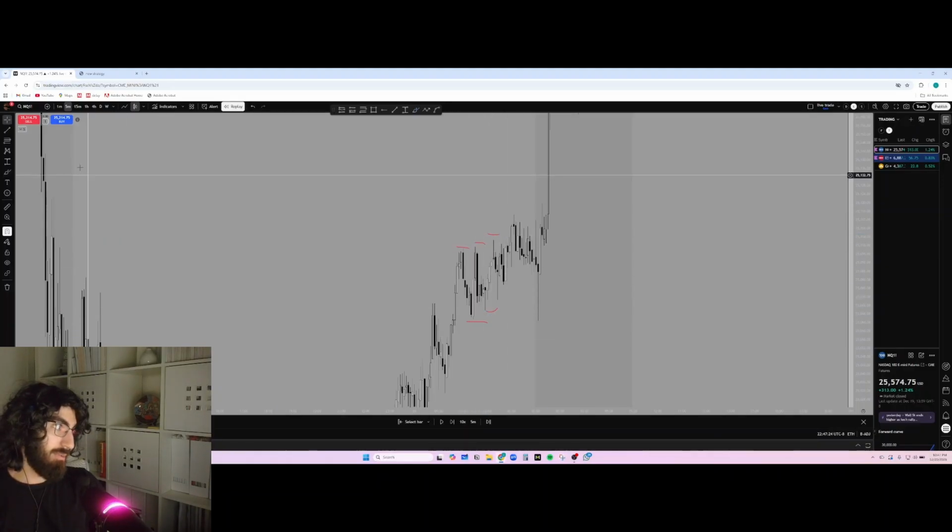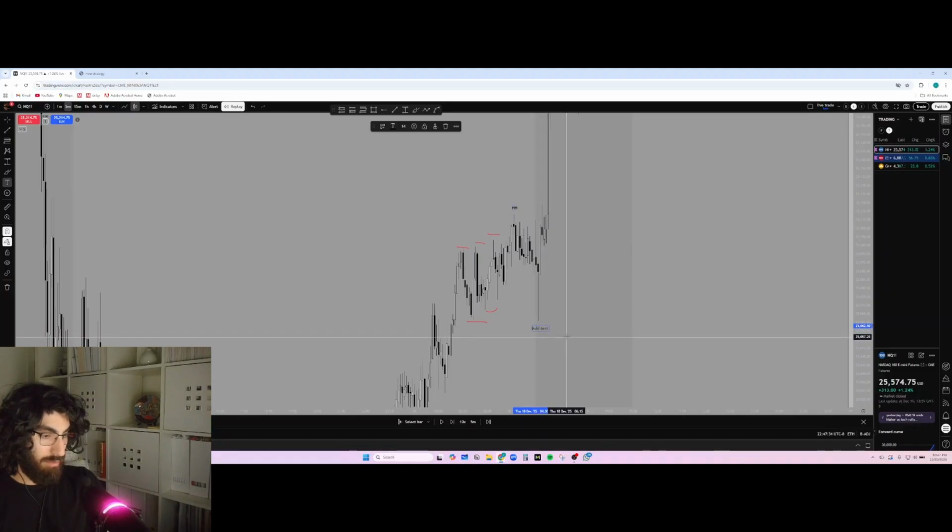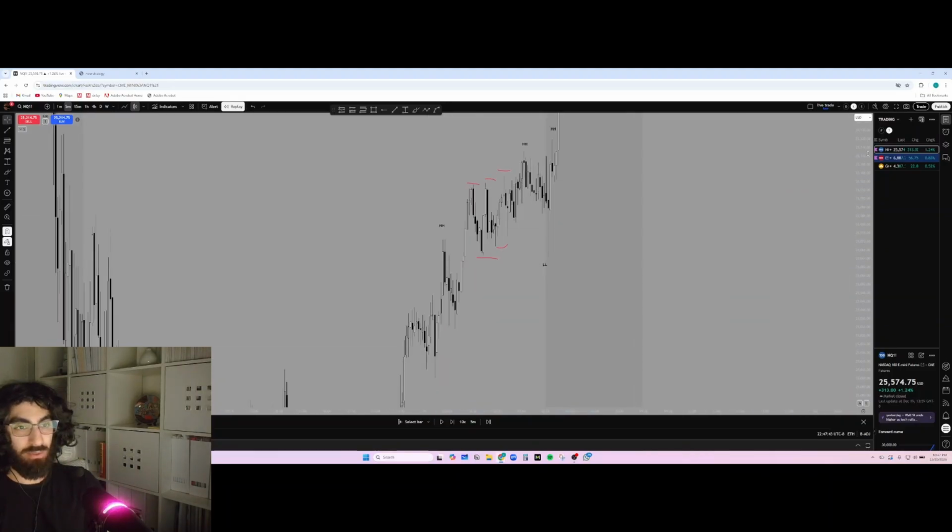Or another way is by going over to TradingView, click on this T here, and now you can just continuously write higher high, lower low, higher high, and you just write it all along here. As you can see, both ways work.